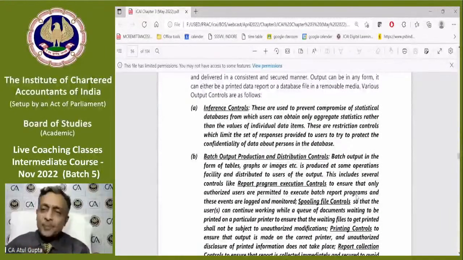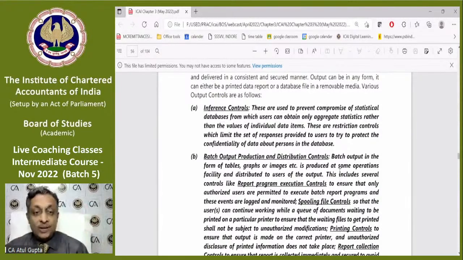So this is phenomenal. Please understand, for inference control, companies with large databases have to put phenomenal restrictions on database access so that inference is not possible. Let me do it with a very simple example. I am an employee of the HR department. Let me bring my Word document. It's a very good case to learn inference.